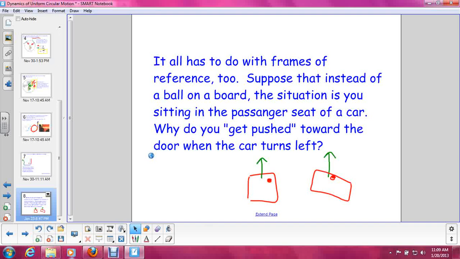Until the friction of the seat on your butt or the door pushes you in a circular motion this way, because those things apply a centripetal force, you want to keep going in a straight line at a constant velocity. So it seems weird. When you're sitting in a car and the car turns, you totally feel like you are being pushed to the outside. But what's happening is you are staying exactly the same, and the car is moving into you.